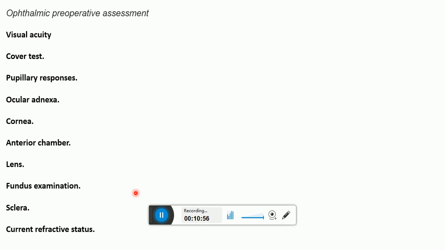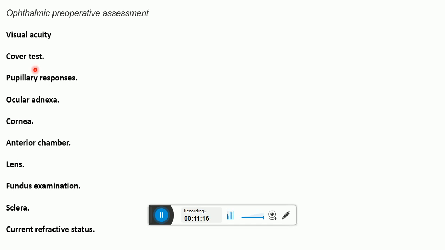The next is cover test. A heterotropia may indicate amblyopia, which carries a guarded visual prognosis, or the possibility of diplopia if the vision is improved. So cover test is necessary.